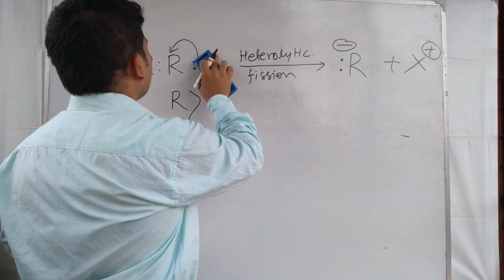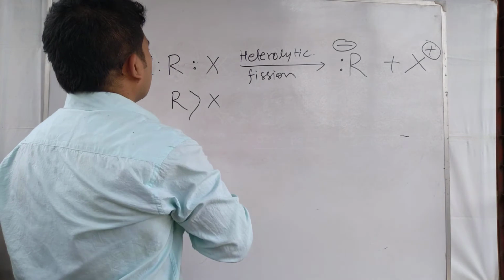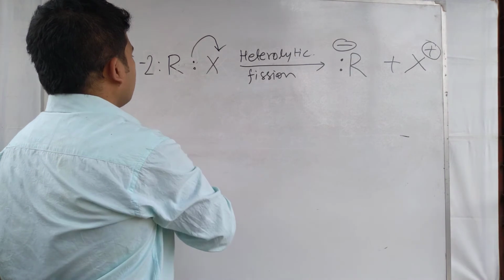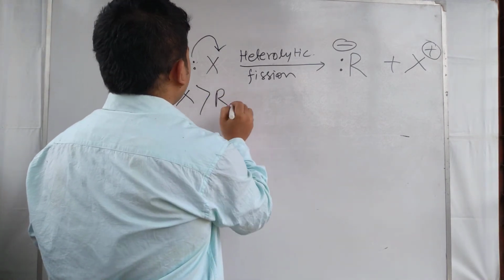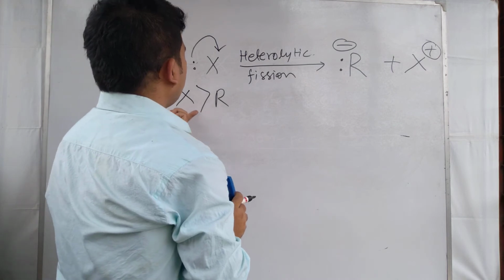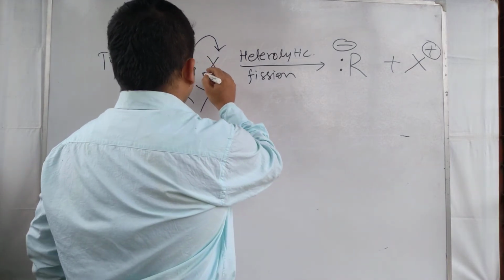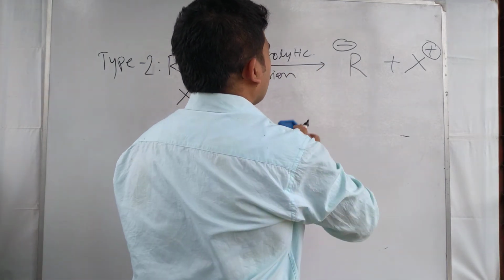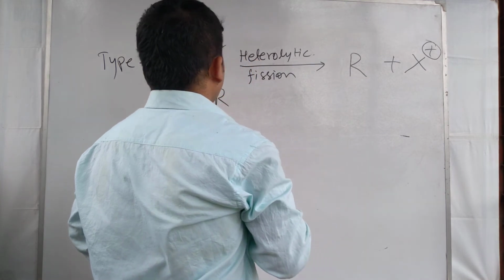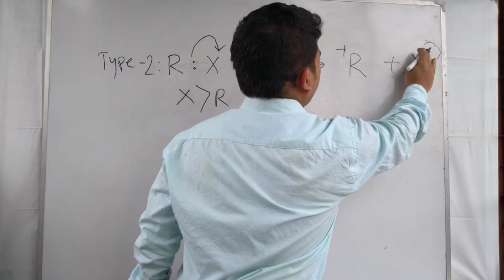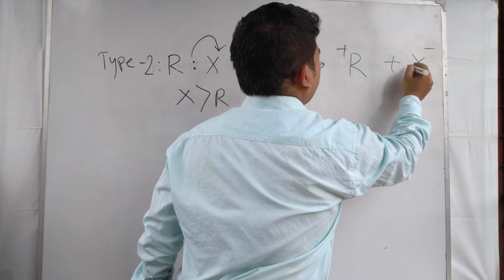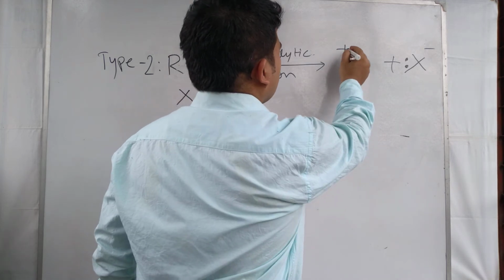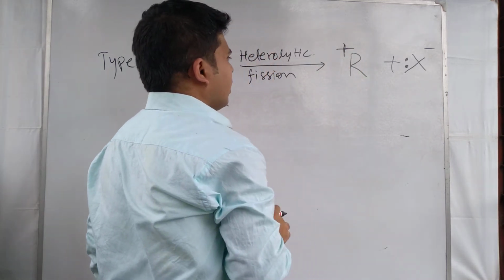For example, in this bond breaking, X has higher electronegativity than R. Then what will happen is the electron pair will be shifted to X, and X will become negatively charged and R is now positively charged.